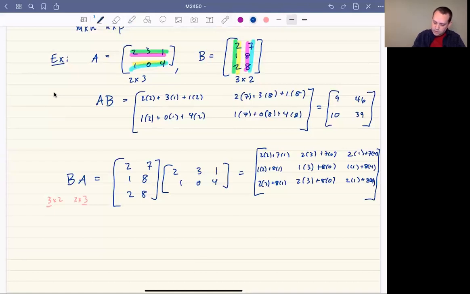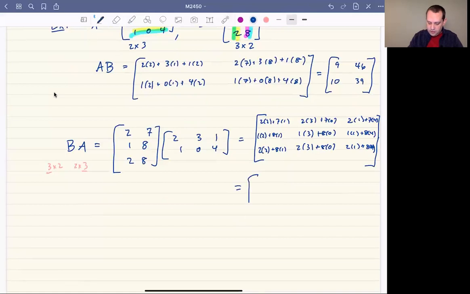All right. And so altogether, we're going to end up with, here's again where as a class I would really, really, really want your help. We've got 4 plus 7 is 11. 6, 7 times 4 is 28, plus 2 is 30. 2 plus 8 is 10. 3 plus 0 is 3. 1 plus 32 is 33. 4 plus 8 is 12. 6 plus 0 is 6. 2 plus 32 is 34.